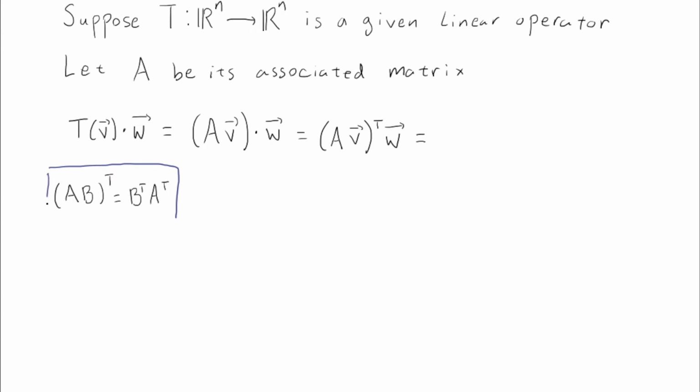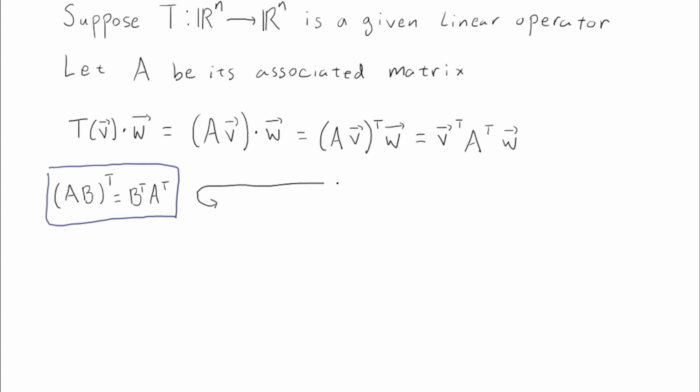And so here, when we're writing AV transpose, to distribute the transpose, we need to flip. This is V transpose times A transpose times W. Yeah.